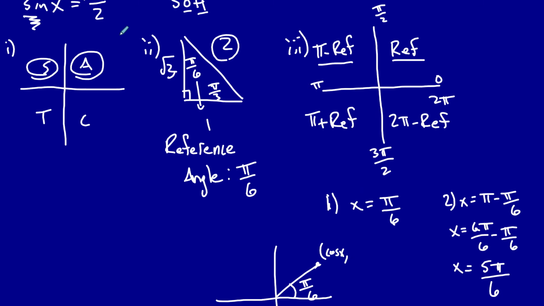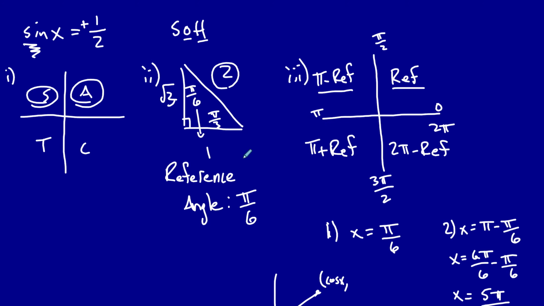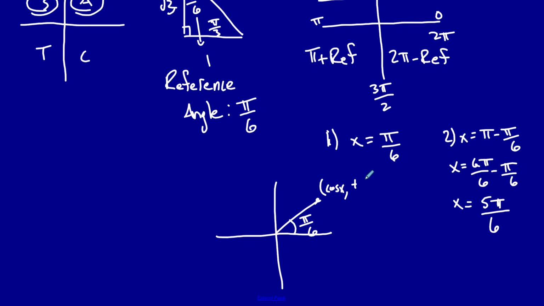And I know from what I was given at the beginning that this is positive 1/2. And I also know that my 5 pi over 6, so this angle right here, where I'm labeling that out, this is going to be 5 pi over 6 as my angle. And I know I'll have some cos x value, but I'll also have another positive 1/2 here.